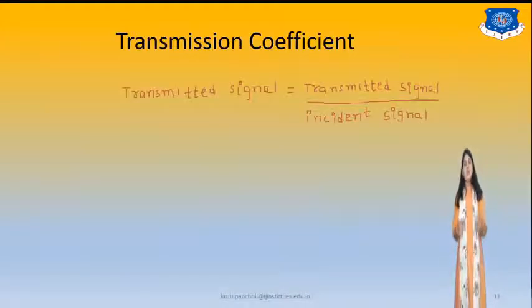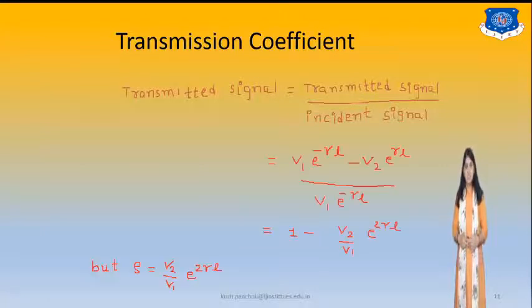So now the transmission coefficient is equal to the transmitted signal divided by the incident signal.